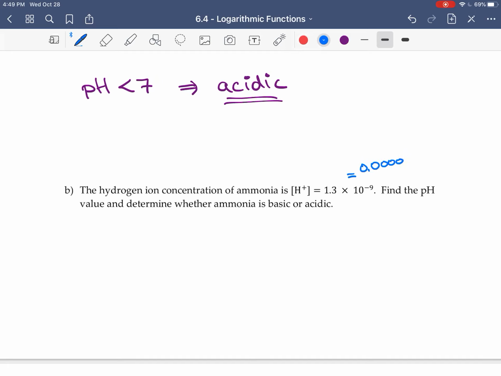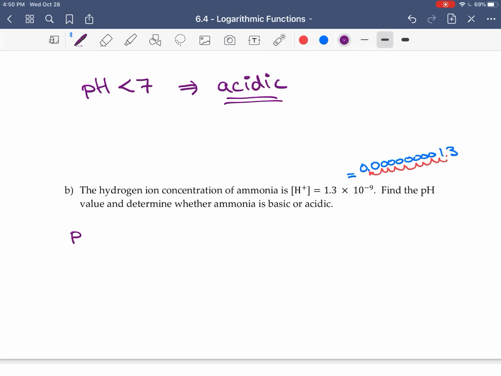You take your decimal and the negative 9 means you want to move it 9 times. So 1, 2, 3, 4, 5, 6, 7, 8, 9. So that's where it would go, and that's what that number represents.